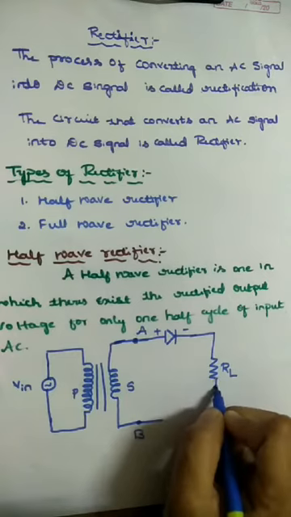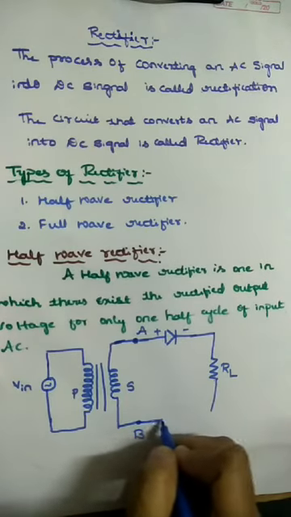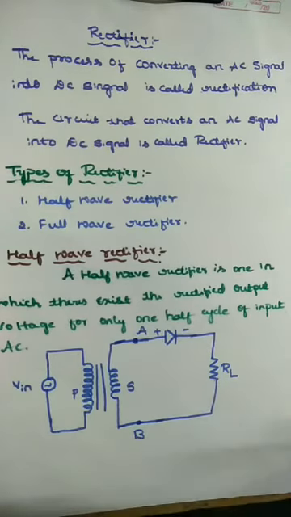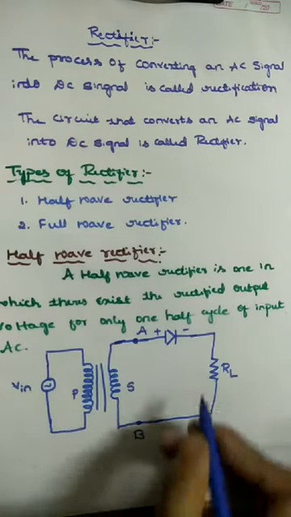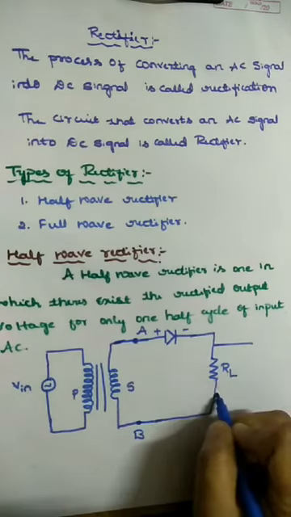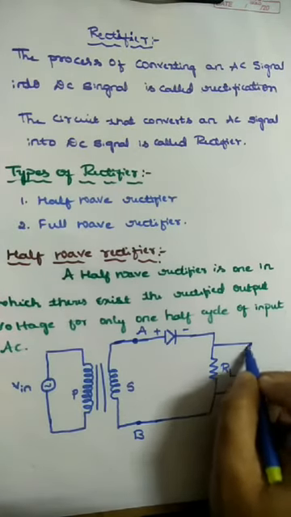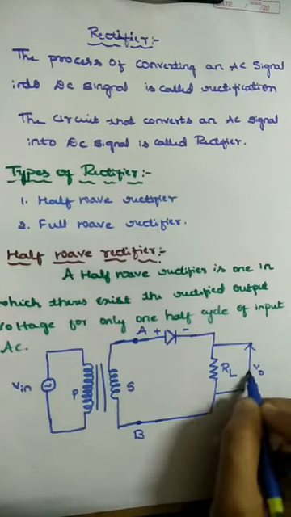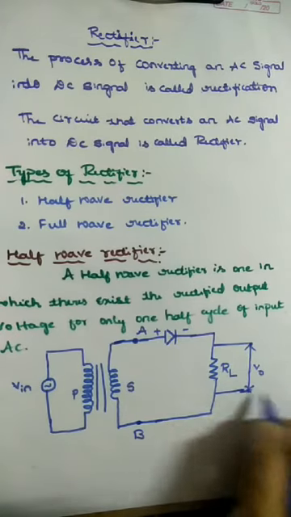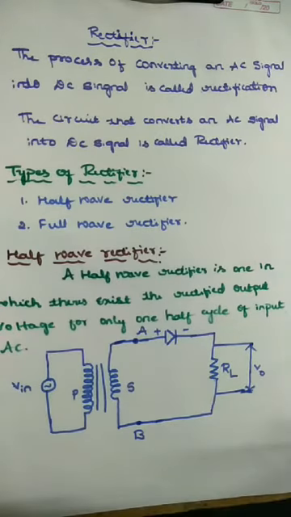This load resistance RL is connected to the secondary of the transformer, which is the other connection. This is the V output, V naught, and this is the AC V input.